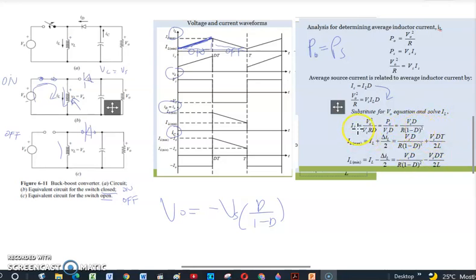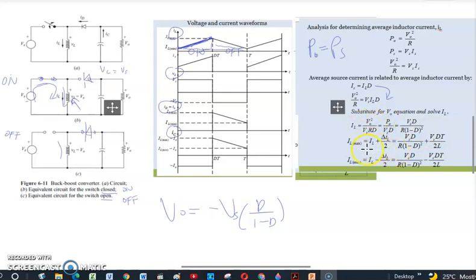So we express the load current in terms of the source voltage, duty cycle, and the load resistance R. This is the average inductor current.